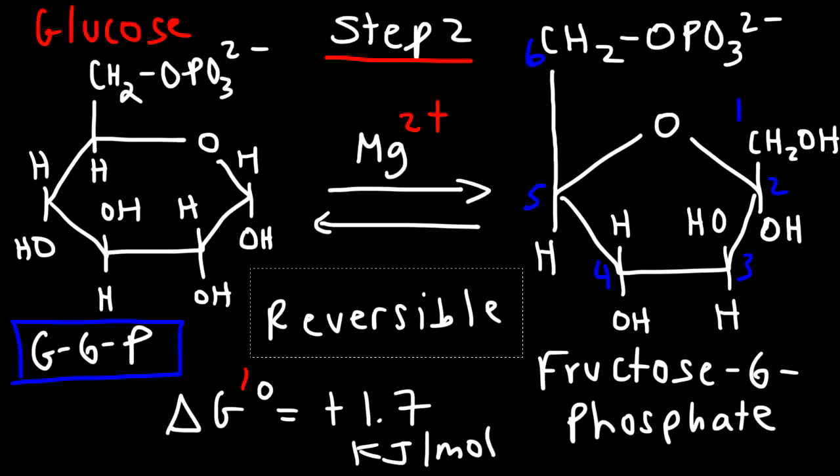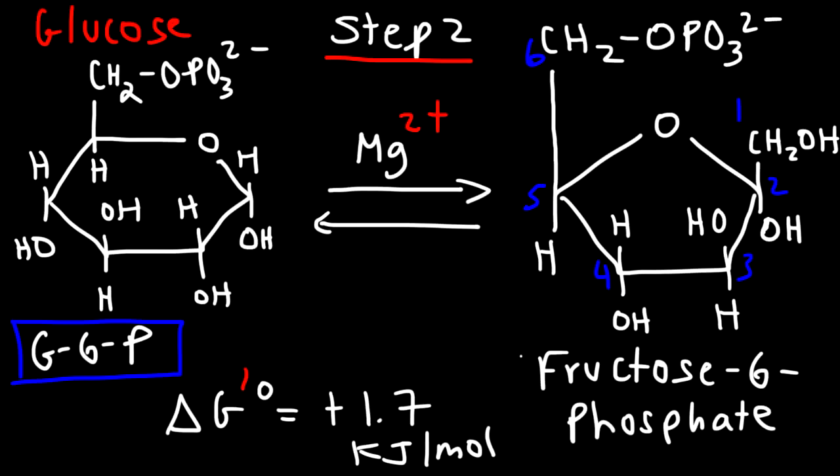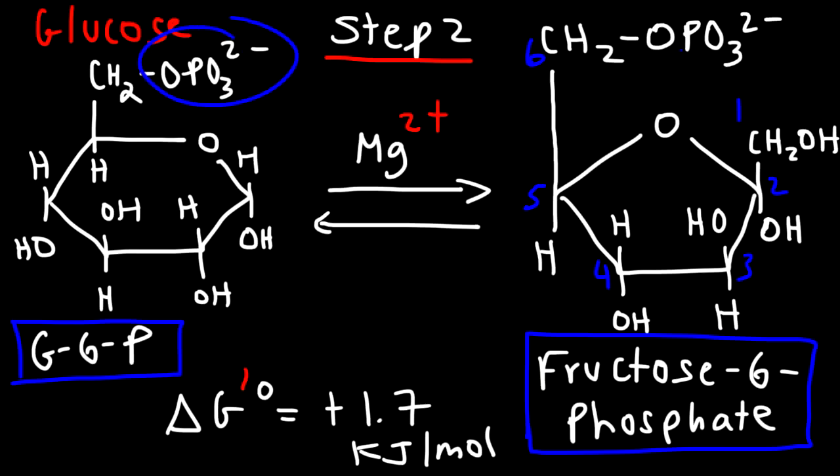Now looking at the reactant and the product for this step, what is the relationship between the two? What is the relationship between glucose 6-phosphate and fructose 6-phosphate? Well, the phosphate groups haven't changed, so they're still the same. The only difference is going from glucose to fructose.